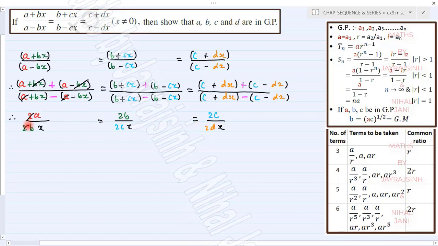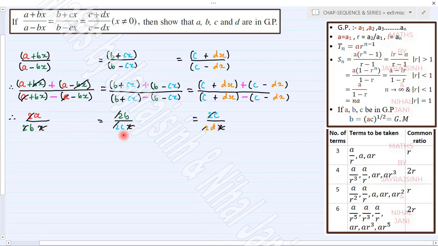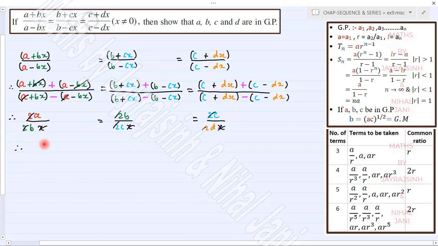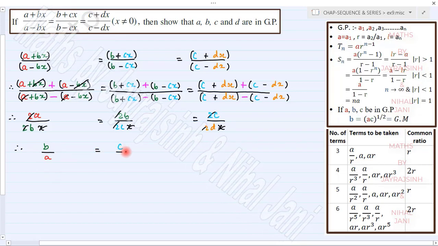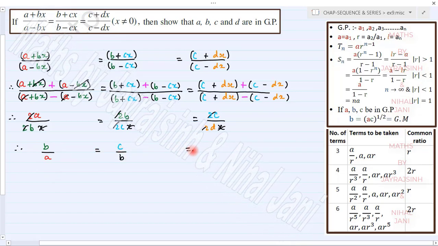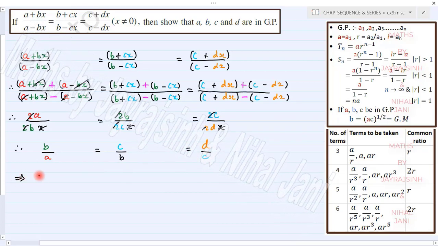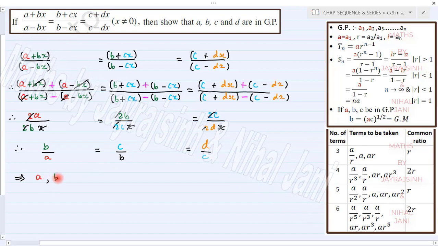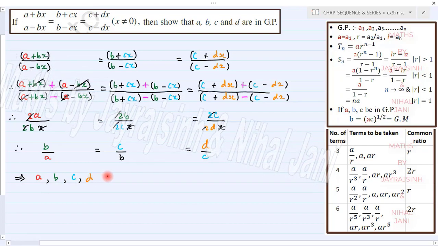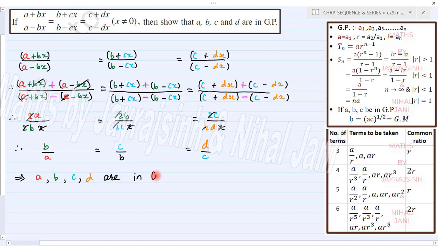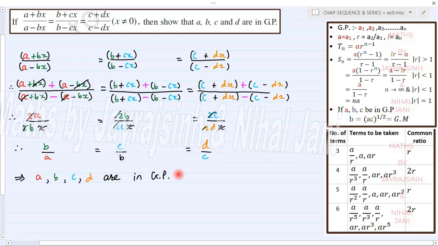So the 2 will cancel out and x will also cancel out, and if we reciprocate the terms, we'll get b by a is equal to c by b is equal to d by c, or we can say the ratio of corresponding terms is equal to each other. So we can say a, b, c, d are in GP. Hence proved. Ta-da!